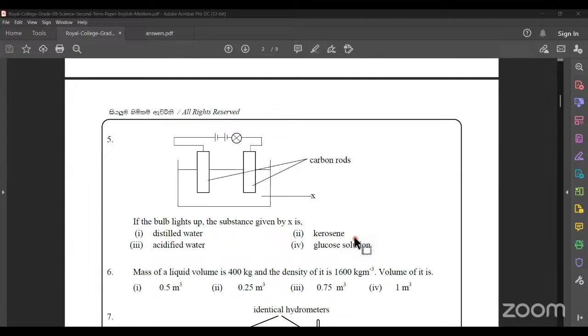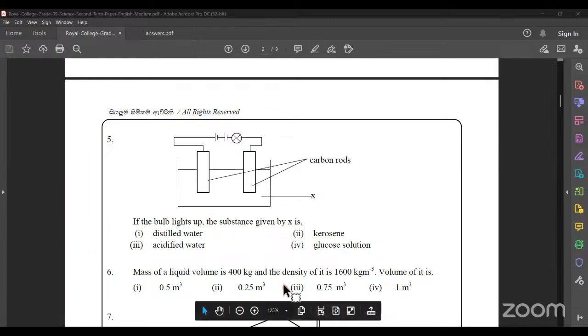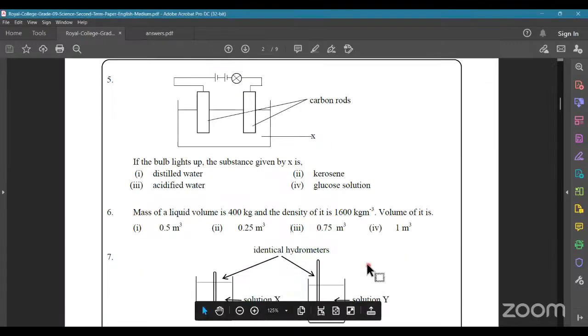So what do you call solutions or liquids that conduct electricity? Electrolytes. Yeah, very good. So, liquids or solutions that conduct electricity are called electrolytes. So, X should definitely be an electrolyte. So, here the answer is acidified water. Okay, Mahdi. So, let's go to the next question.